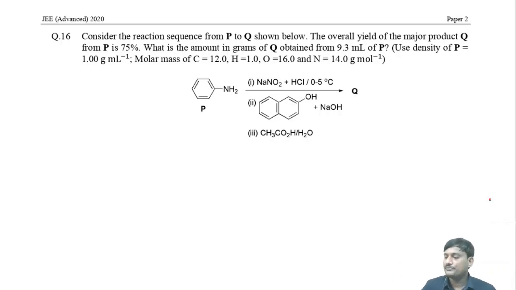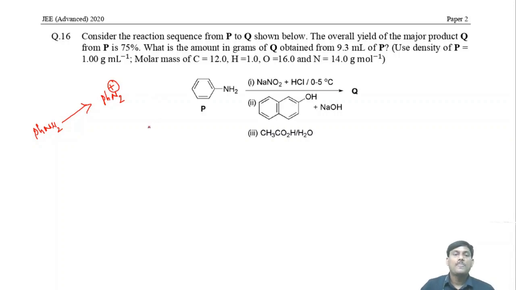Here, suppose you take this one, which converts to PhNH2. When you react it with NaNO2 plus HCl, there is a formation of diazotization, PhN2+.